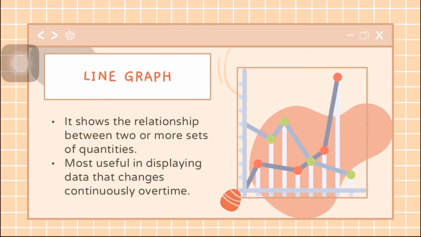Line graph. It shows the relationship between two or more sets of quantities, most useful in displaying data that changes continuously over time. A line graph may show the relationship between two variables, and it is best used to establish trends.